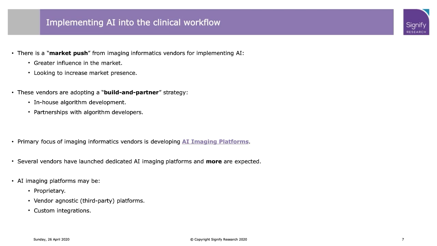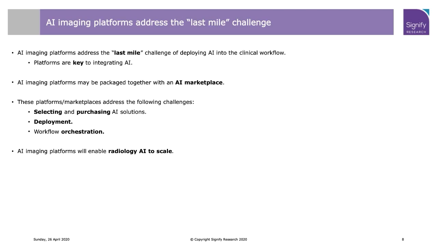However, it does allow third-party API plugins. Some third-party vendors have released vendor-agnostic platforms, whilst others have focused their efforts on custom integrations of AI. As the market matures, we will see these strategies evolve to meet market demands.